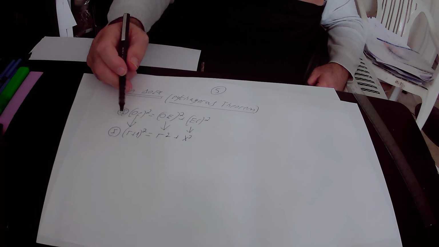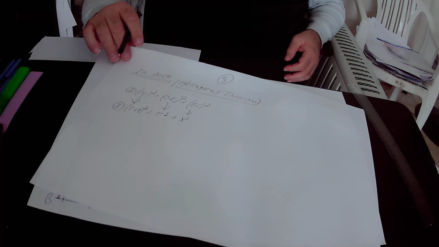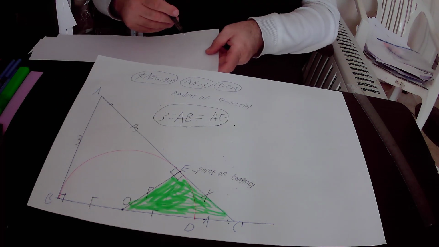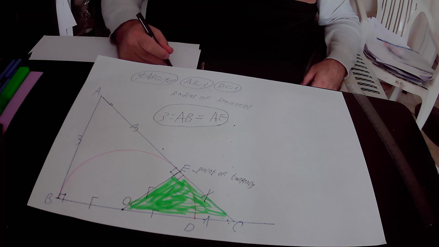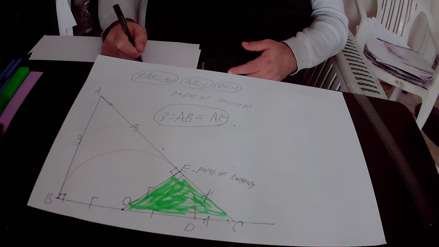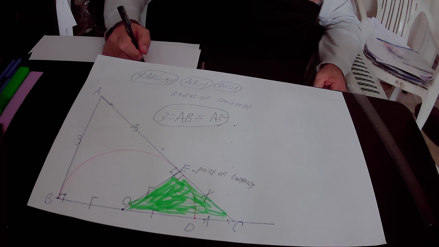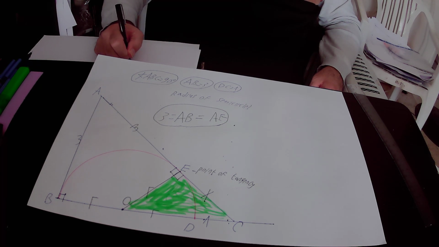Here we will open the brackets of equation number 1 and we will get that R plus 1 square equals R square plus 1 plus 2R according to the algebraic identity: A plus B square equals A square plus B square plus 2 times AB, and it equals R square plus X square.